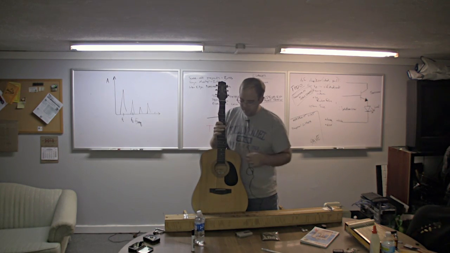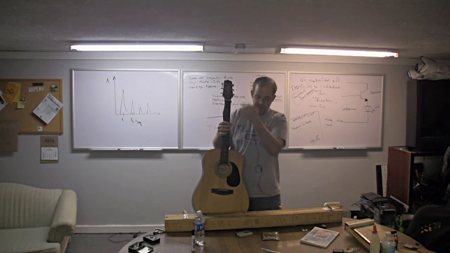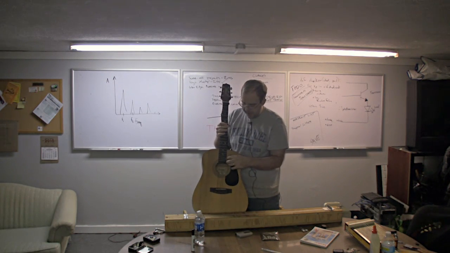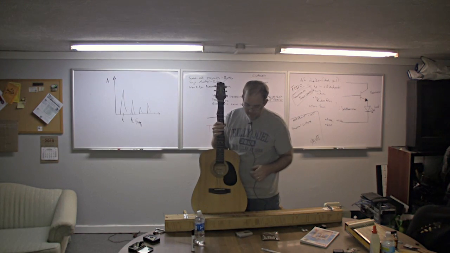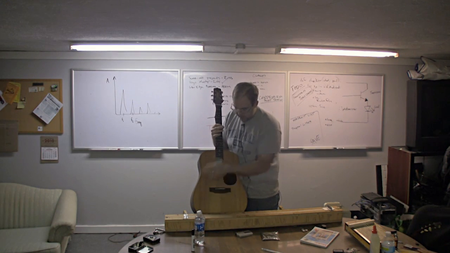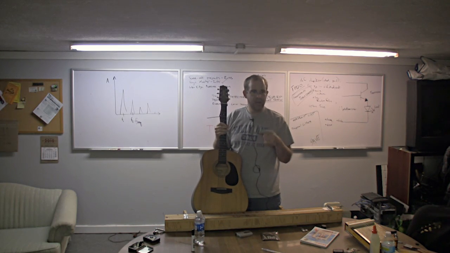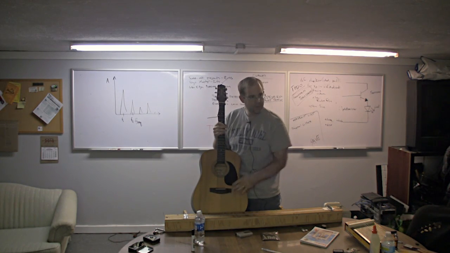So I pluck, the string vibrates at all those frequencies based on its length and tension and the mass, right? And it will shake the bridge at those frequencies, and the soundboard will shake at those frequencies. And so we're not causing the soundboard to resonate when we couple the vibrations from the string into it.